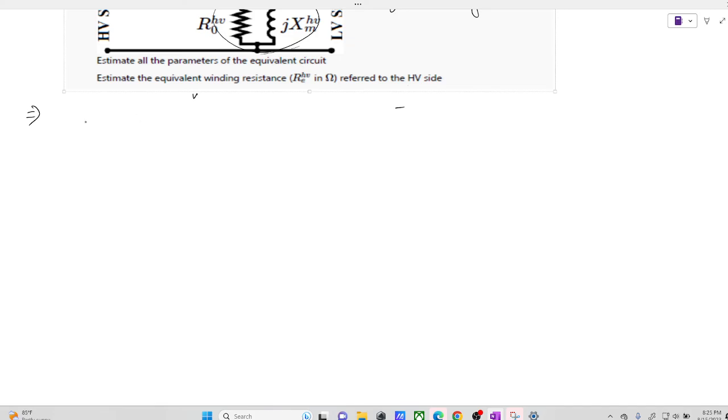This is the equivalent circuit under the open circuit test, and this is the equivalent circuit under short circuit.